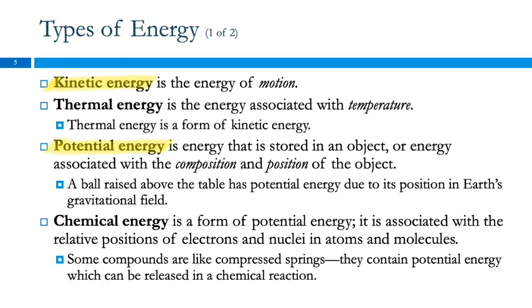So TNT, dynamite, lots of stored chemical energy, right? You ignite that, and that energy releases suddenly, and it's kaboom, right? Lots of energy. So some compounds like TNT or gasoline are like compressed springs. They have a lot of potential energy that can be released, and it's released in a chemical reaction.